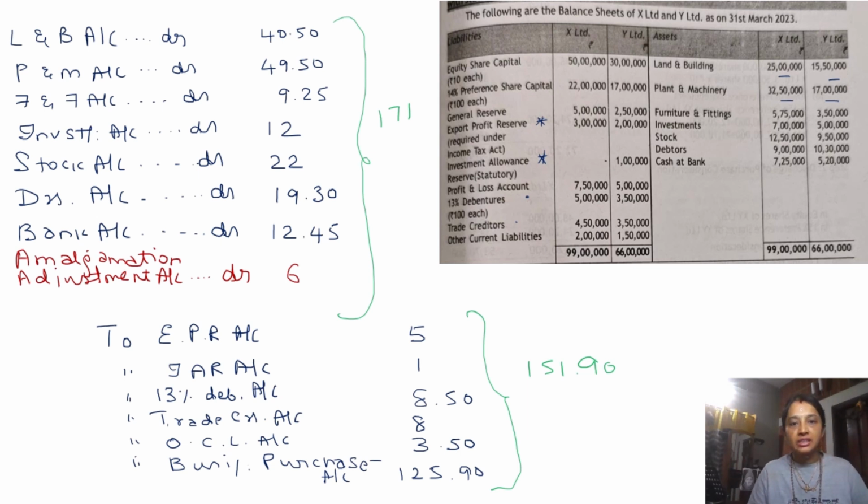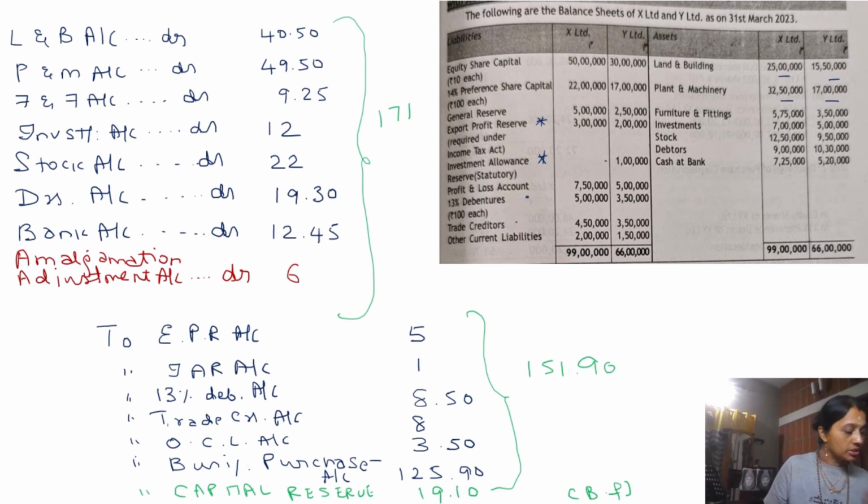So if you balance, the balancing figure is coming here in the credit column, so it will be treated as capital reserve. So this is the balancing figure, 19,10,000, which will be transferred to capital reserve.